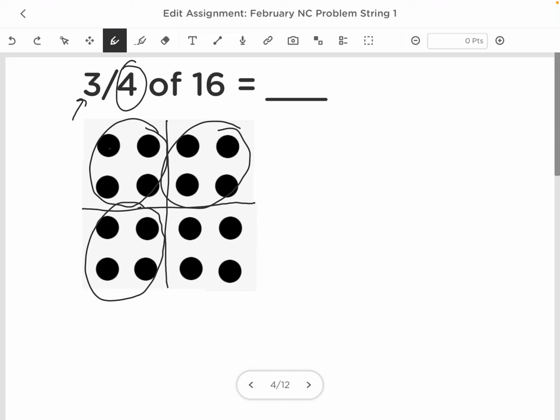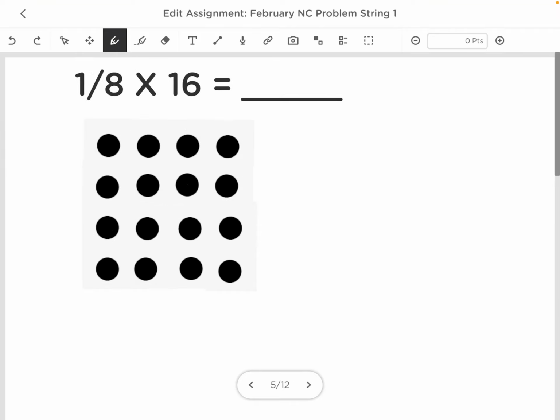And I'm going to count 1, 2, 3, 4, 5, 6, 7, 8, 9, 10, 11, 12. Another way I can do this is I can split 16 divided into 4 groups. I get 4. And then I can multiply 4 by my numerator, which is 3.